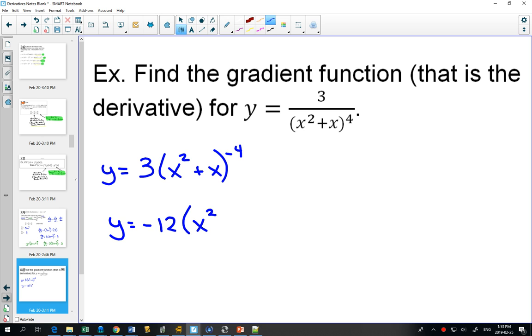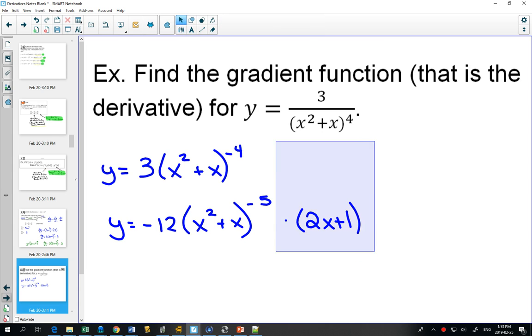Keep the inside the same. Subtract 1 from your exponent. Multiplied by, what's the derivative of my inside function? 2x plus 1. If you didn't have to simplify, you're done. Nice. Okay.